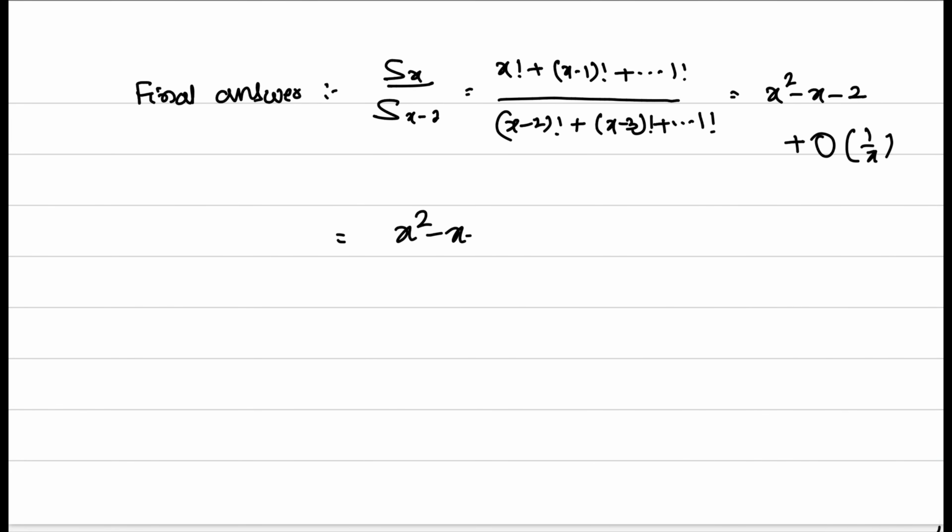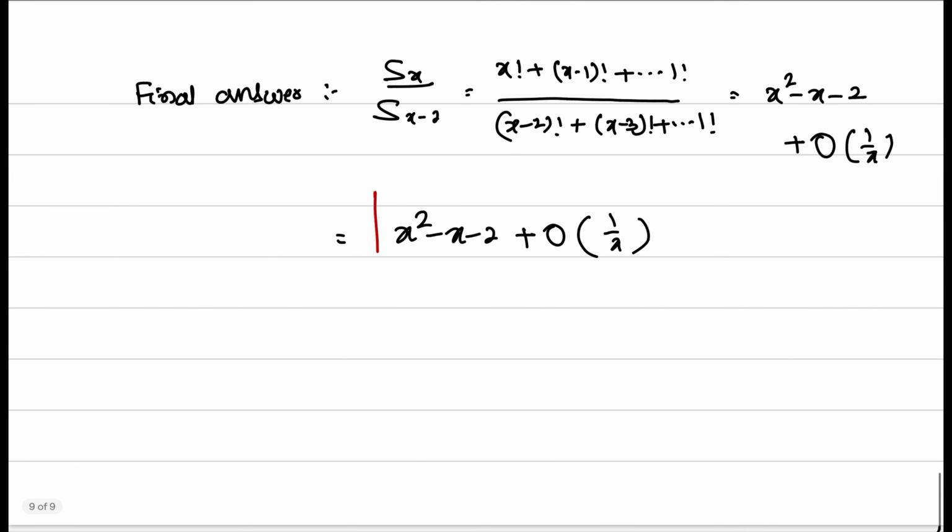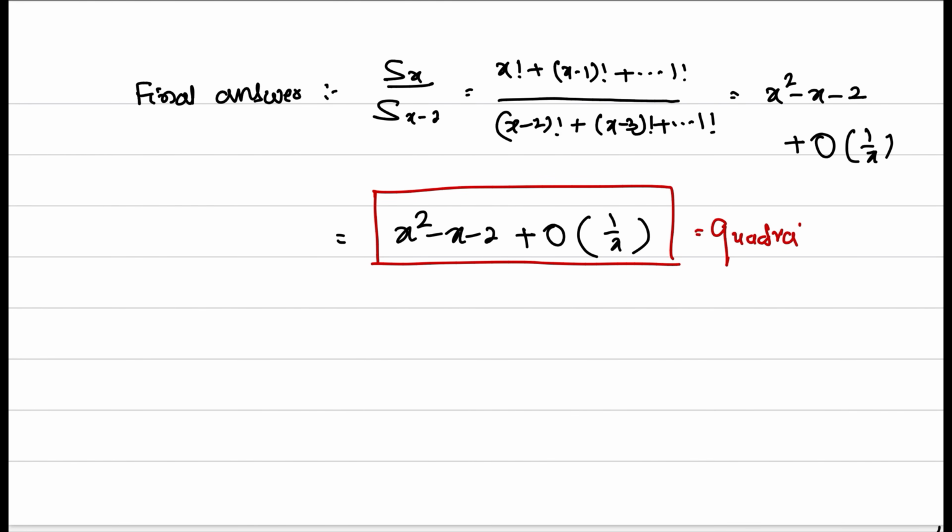x square minus x minus 2 is a quadratic equation if you neglect the error. This is the answer.